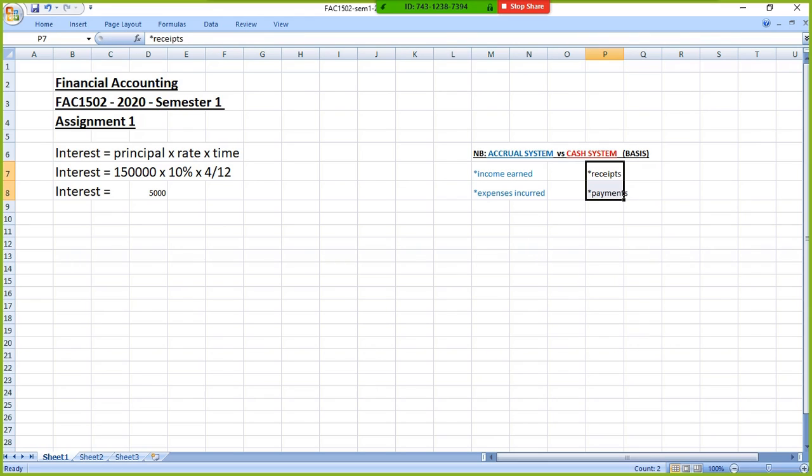You don't do a cash flow in this module, so you don't have to worry too much about cash flow. Cash flow is covered in FAC1501. That's the module just after this. So the foundation module in terms of accounting is this one. There are different variations of it because of student degrees.